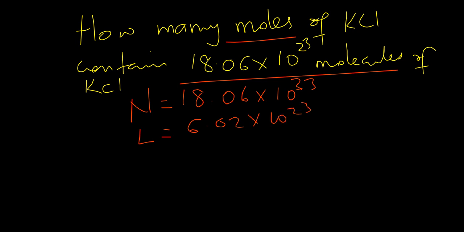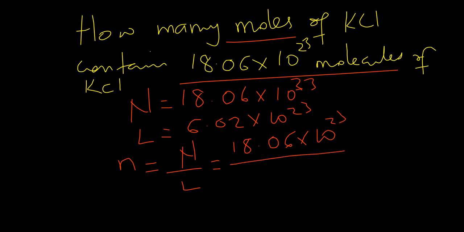So if you want the number of moles, which is small n, that will give us what? N divided by the Avogadro's number, which is equal to 18.06 times 10 exponent 23 divided by 6.02 times 10 exponent 23.